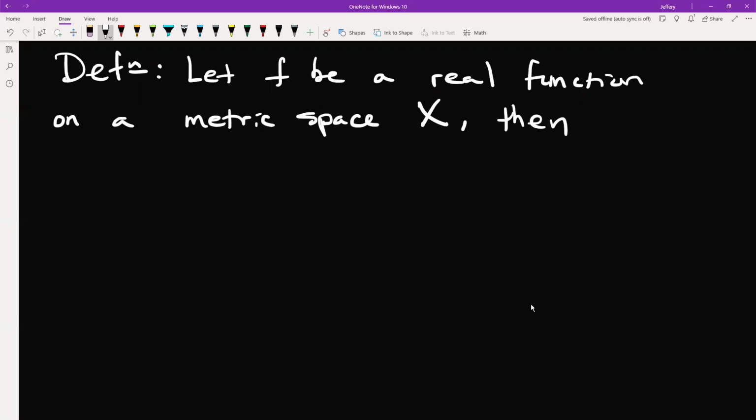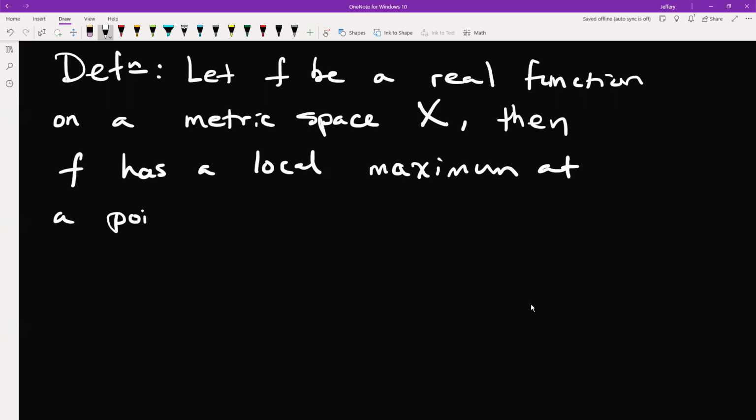Then we can say that f has a local maximum at some point, let's say at a point, I'll just call it x.